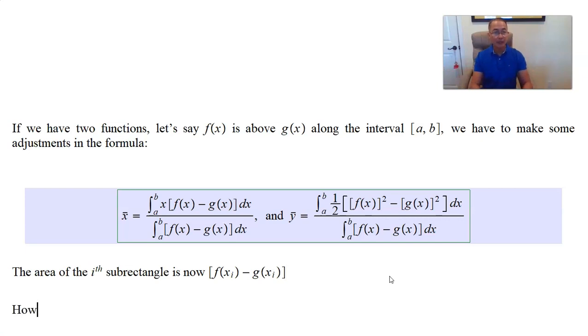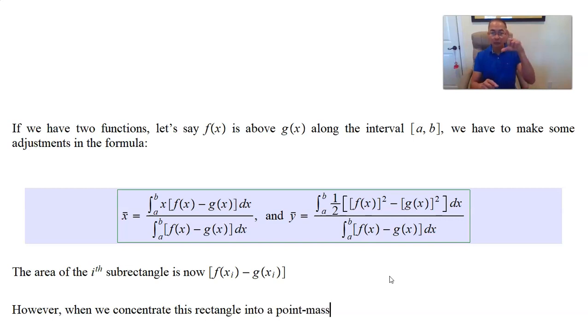But now, however, when we concentrate this rectangle into a point mass, remember what we did. We squished the rectangle into a point located halfway through that rectangle. So now we have a rectangle, but at the top we are at f of x, at the bottom we are at g of x. We want the midpoint. We know how to take a midpoint: take the average.